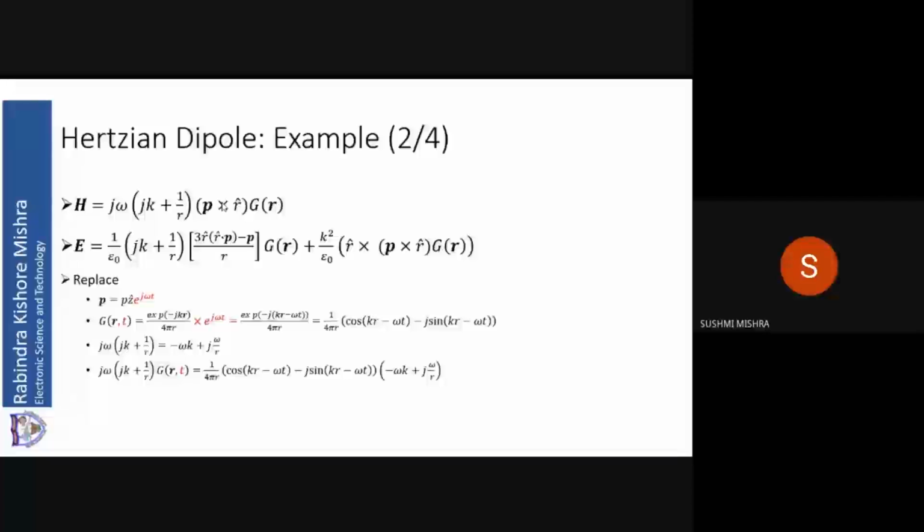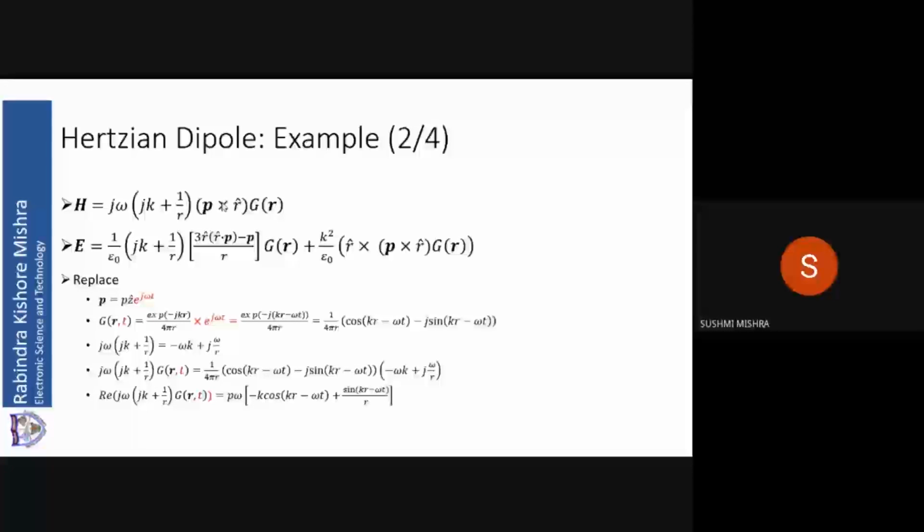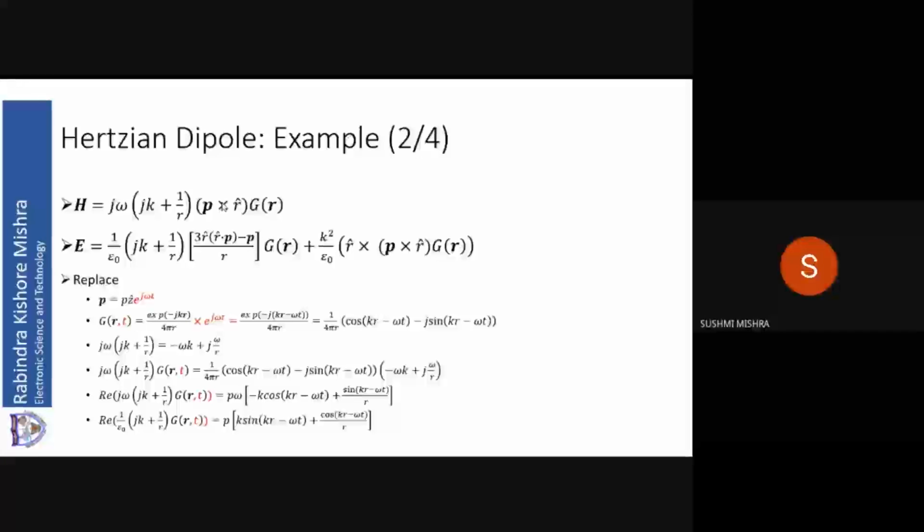If we multiply that, then on the right hand side, what we will get is 1 by 4 pi epsilon cos minus j sine into minus omega k plus j omega by r. So from that, we will get the real part of this as p into omega minus k cos kr minus omega t plus sin kr minus omega t upon r.